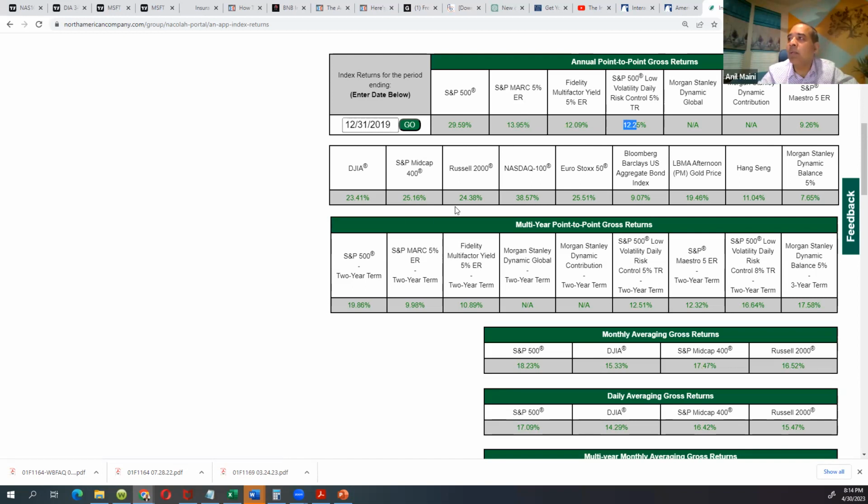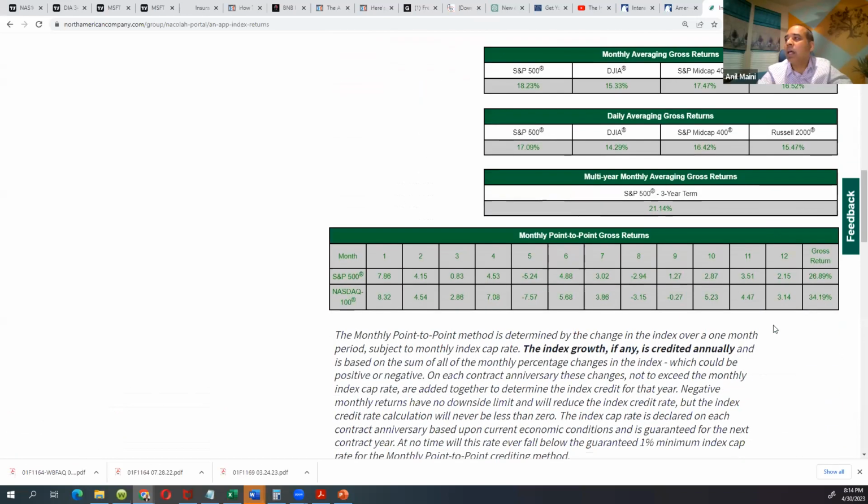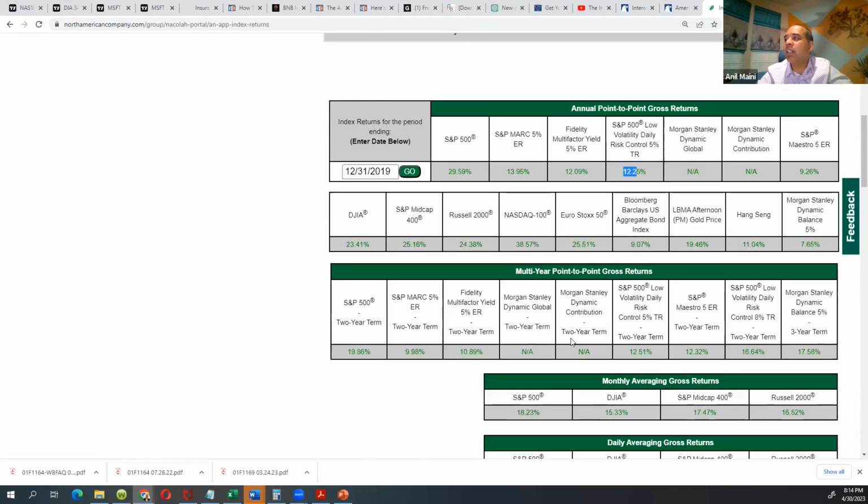Mid cap, 25%. The indexes we are interested in are mostly these, like the S&P Maestro index. Some products give a very high participation rate, so even though the return is less, your participation rate will be much higher than S&P.